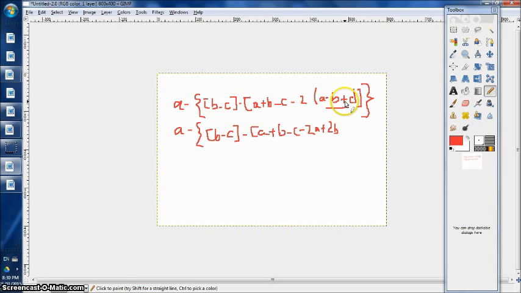So this becomes minus 2a plus 2b plus or negative 2c, minus 2c. Okay, so this is a, c.